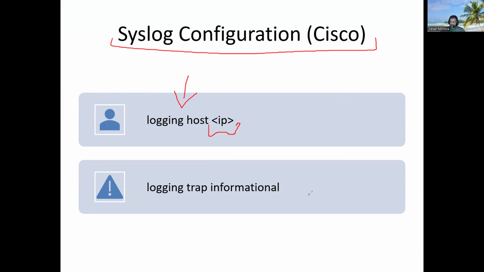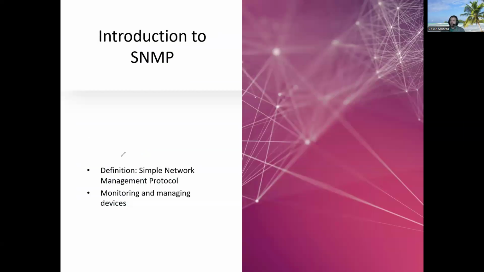Okay, that's interesting. The logging trap information, pretty much important. That's basically like a warning message that we will receive after configuring our devices, and they start synchronizing correctly. Okay, let's continue moving on.